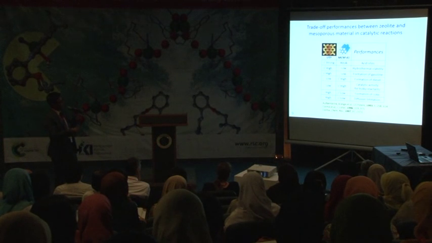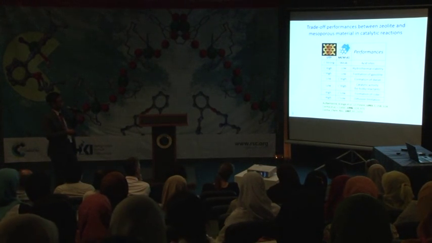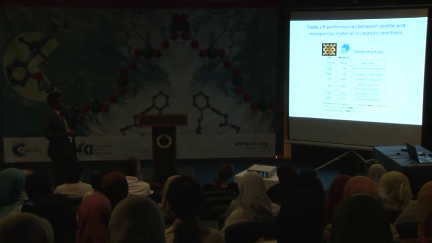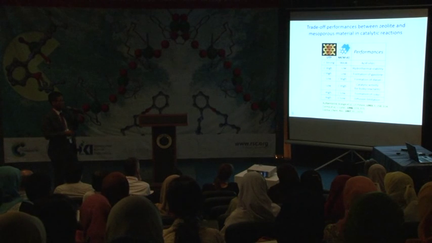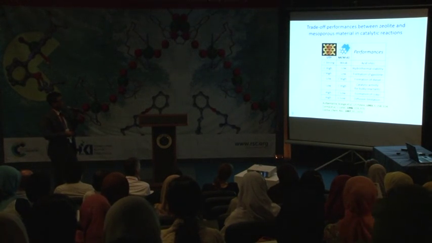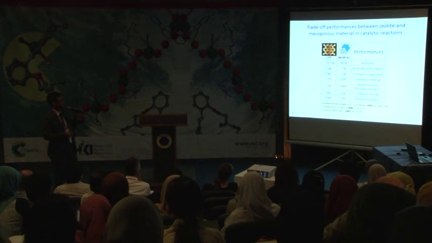So you see that there is actually a trade-off in performance if we look at the zeolite and the mesoporous materials, for instance MCM-41. So this is the desired process. The zeolite has a strong acid site, but MCM-41 has a weak acid site, for instance. And then in the other processes, zeolite is probably not favorable.